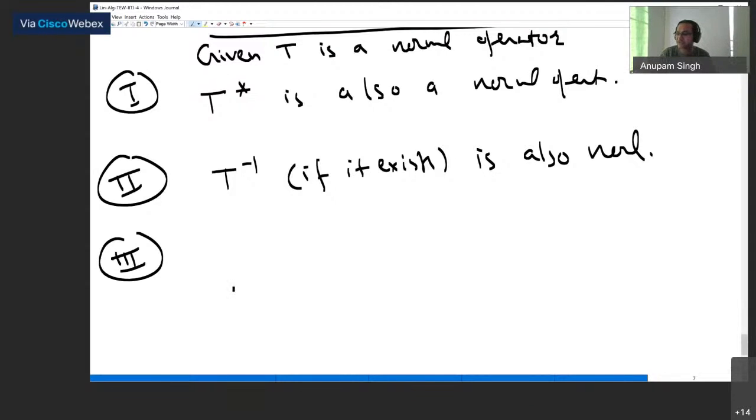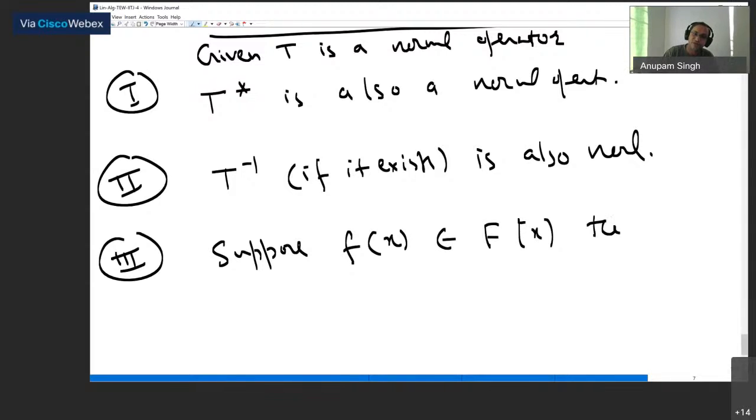Third property is this, that suppose f(x) is a polynomial in x, then I can substitute T. So f(T) is also an operator. Claim is that f(T) is a normal operator.